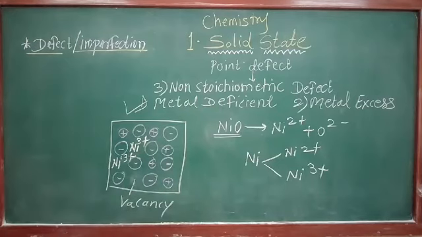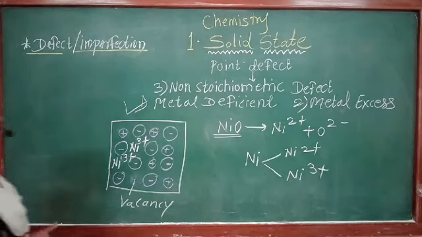That means in the compound NiO, one Ni2+ ion is missing, creating a vacancy as shown in the figure. So this deficiency of two positive charges is made up by the presence of two Ni3+ ions at the lattice sites of the Ni2+ ions. So the composition becomes Ni0.97O1.